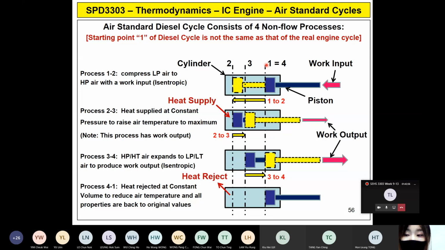During process 1 to 2, the piston moves upward to decrease the volume inside the cylinder so that the low pressure air is compressed into high pressure air. And you also have high temperature air, right? For fluid, you always have this kind of property.